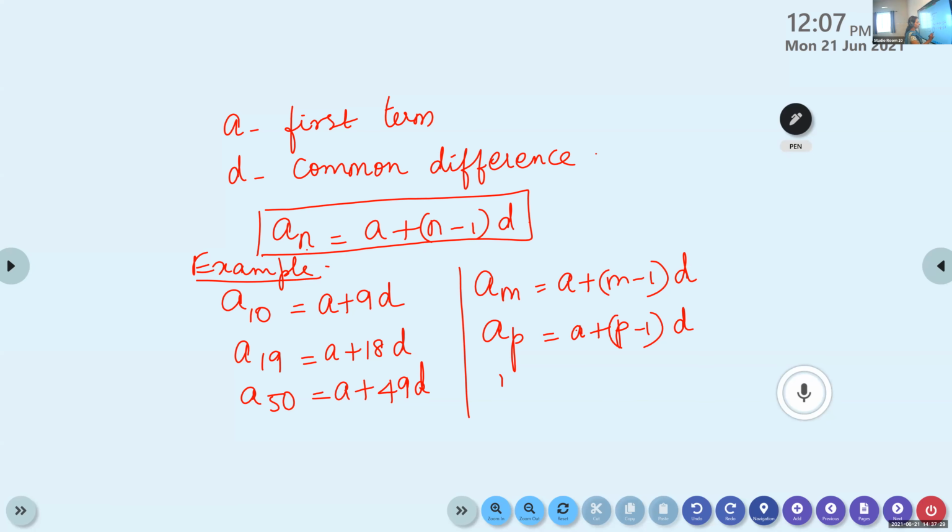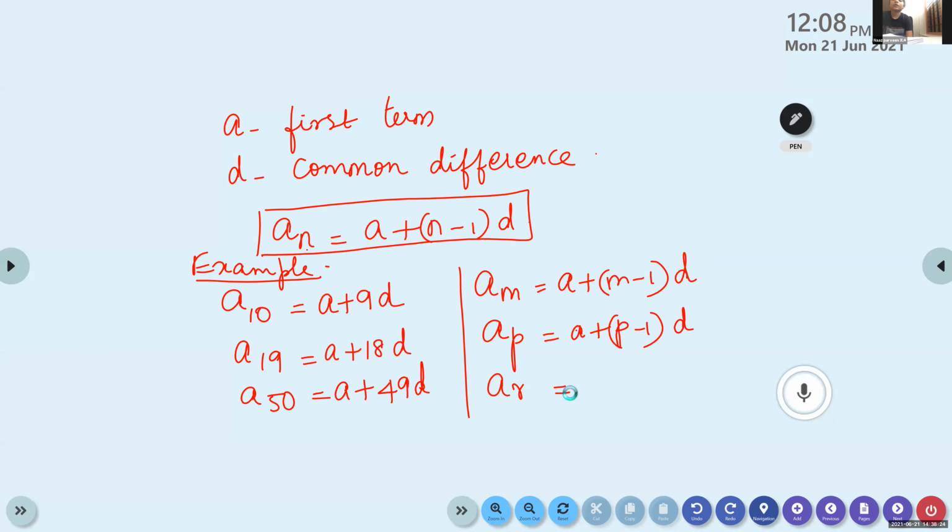Vishnu, what will be AR? What is AR? Nas Parveen, what is AR?